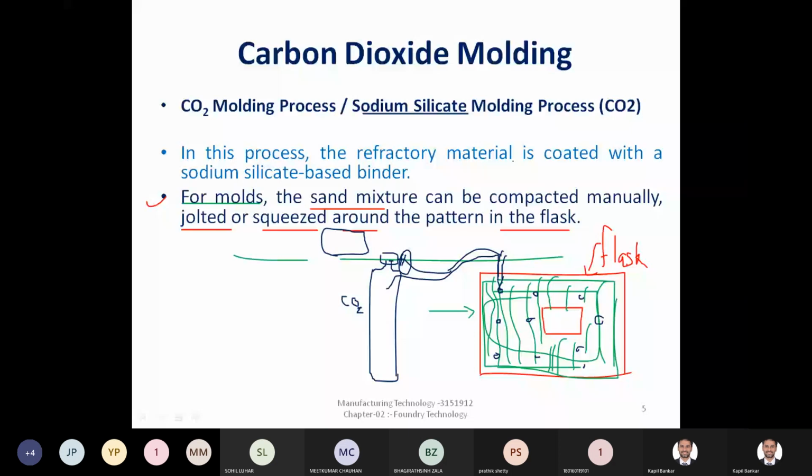Once it is hardened, remove this pipe. Instantly it becomes a hard mold from the soft mold. Now tilt this mold by 180 degrees and remove this pattern. So you will get this cavity, and the remaining process is the same as in the sand molding process.